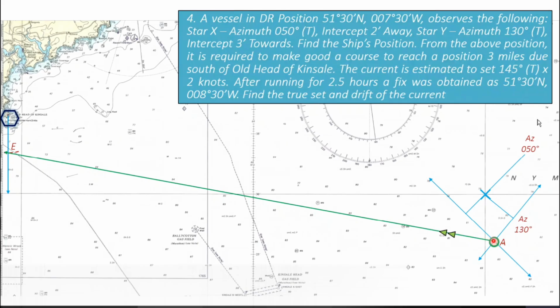From point A, I am going to mark off my current vector for 1 hour. The direction will be 145 and the length would be 2 nautical miles. So let's plot it on the chart.